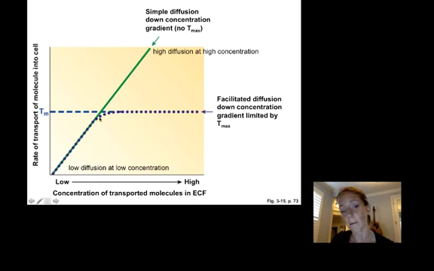Facilitated diffusion, however, when you run out of channels, you hit a maximum amount of molecules that can get through those channels. So if you have 5 doors and you can get 2 people in a door at a time, then your Tmax is going to be 10. That Tmax cannot change until you add more channels. So it levels off here and gives a maximum to facilitated diffusion.